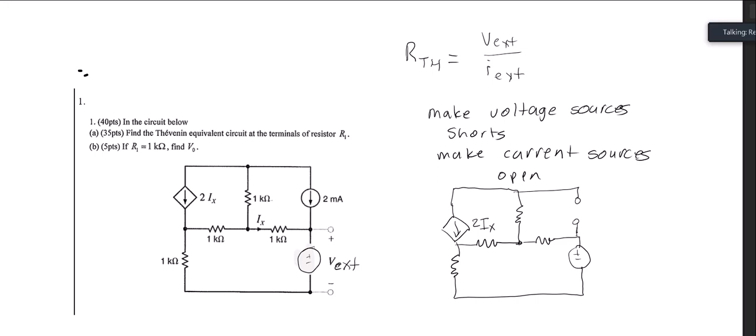So what that really means is that this corner of the circuit is no longer playing any role. So it's no longer part of what's affecting anything. So we can ignore it.